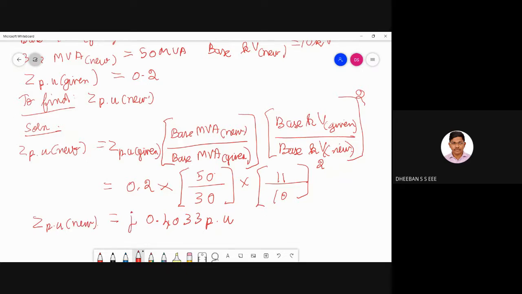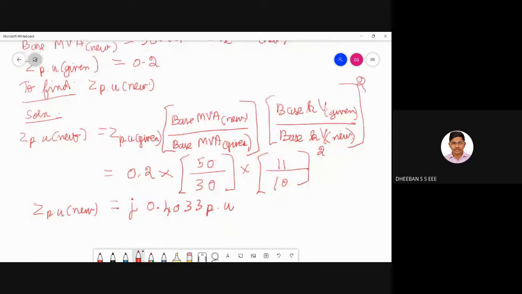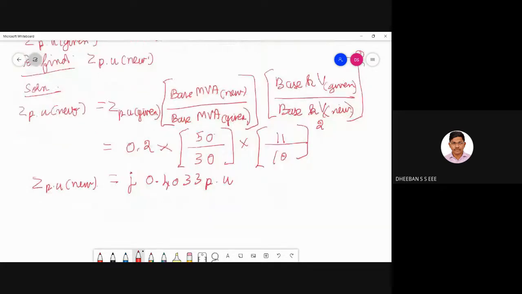You put a j while representing your reactance or impedance diagram. So in the final answer also you have to put a j before the value that you have got. So this is the answer for this problem.